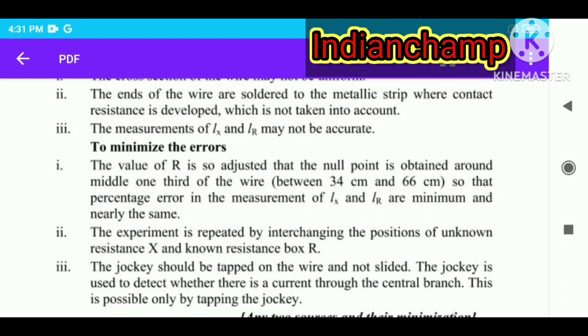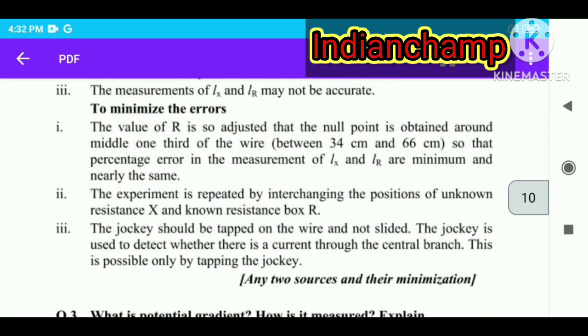To minimize the error: first, the value of R is adjusted so that the null point is obtained around the middle one third of the wire, between 34 centimeter and 66 centimeter, so that the percentage errors of the measurement of LX and LR are minimum and nearly the same.